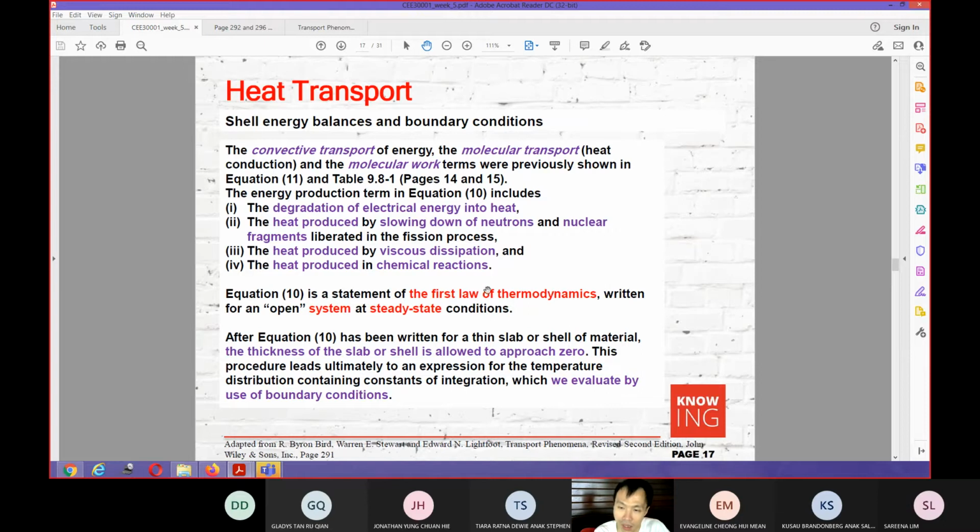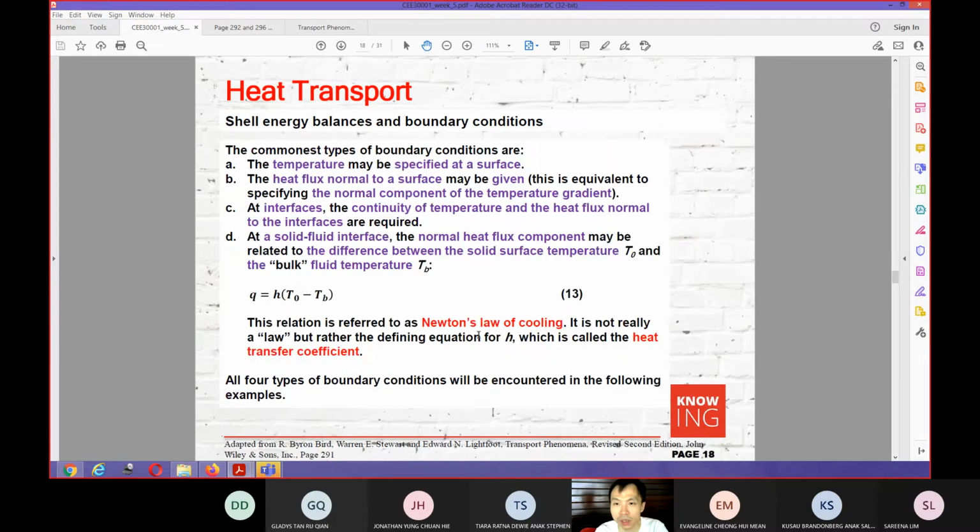Equation 10 is actually a statement of the first law of thermodynamics written for an open system at steady state conditions. After equation 10 has been written as in your momentum transport, you reduce the thickness of your slab to 0. Then we can evaluate the constants that you get after you integrate the differential equations by the use of the boundary conditions.